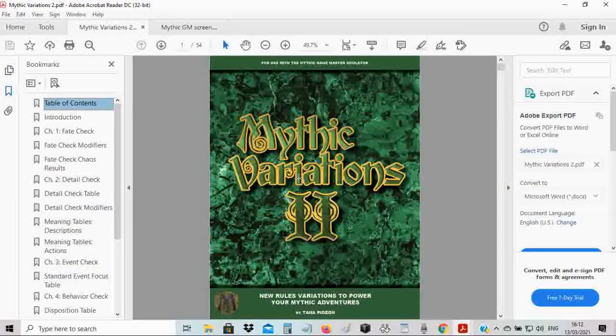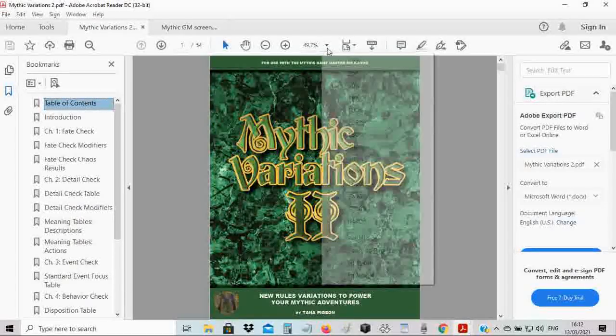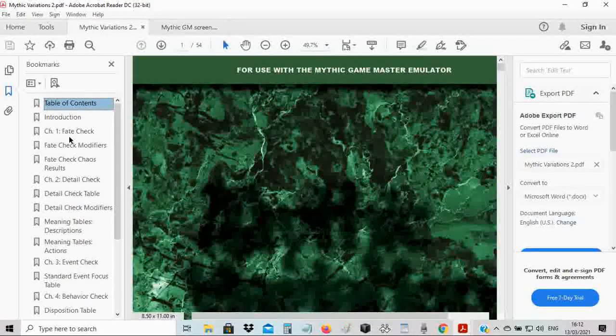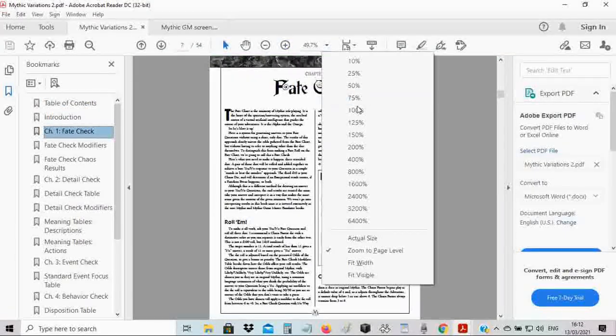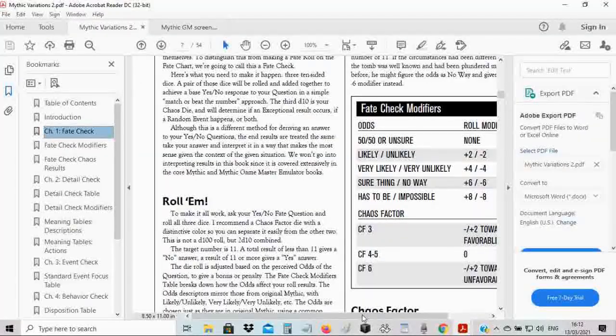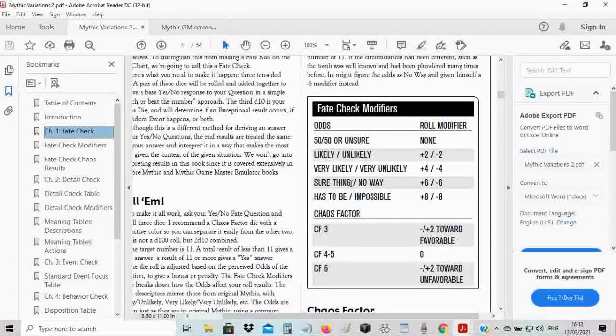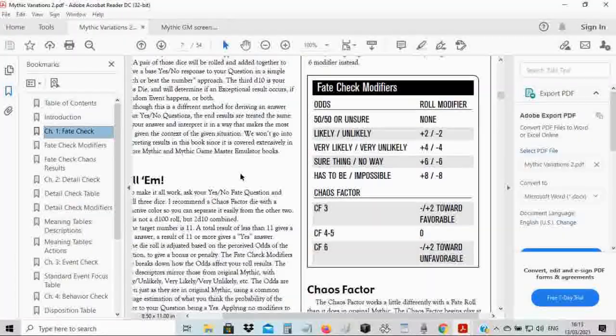Okay, well, Mythic Variations changes that. It introduces an entirely new system of play. Let's check out first the fate check. Now, this one is a little different. As you can see, the table is a lot smaller, but it's still a little bit confusing in some parts.